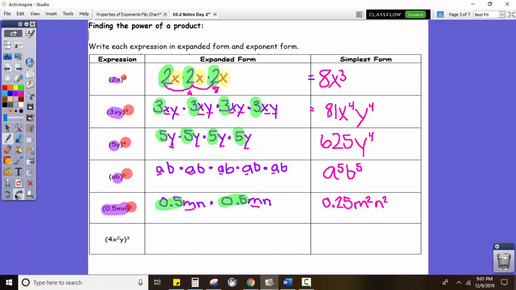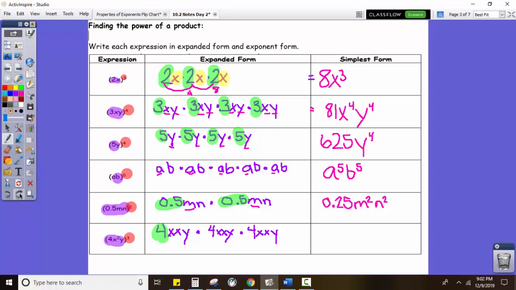Okay, and the last one here for the table. We have 4x squared y, and all of that to the 3rd power. So we have to do 4xx y, because that's x squared, y, and then I need to repeat this 2 more times. So I have a total of 3 times 4xx y, times 4xx y.